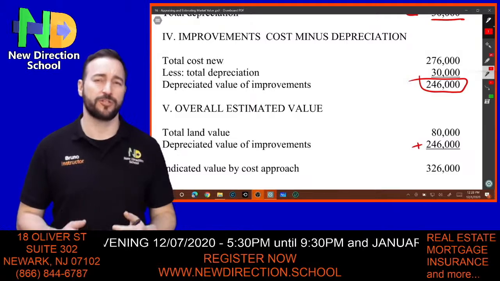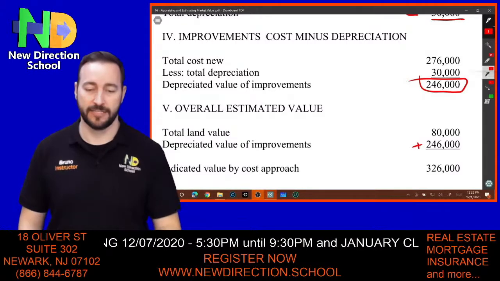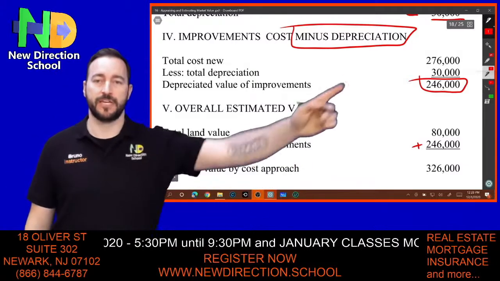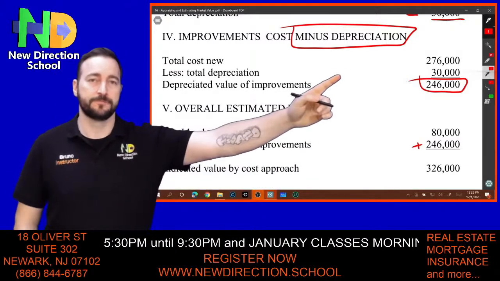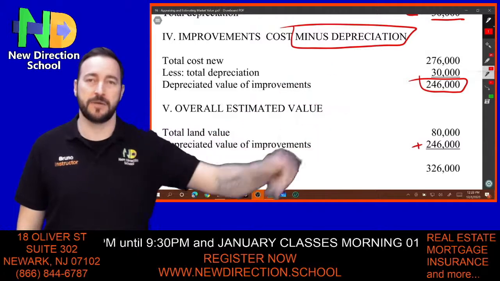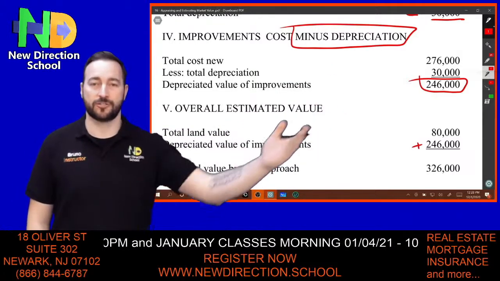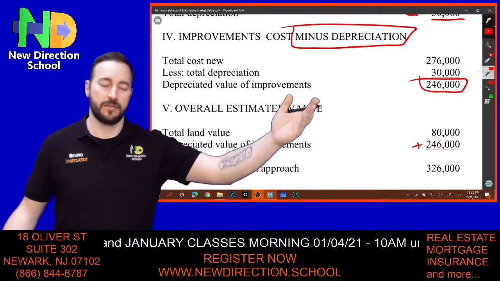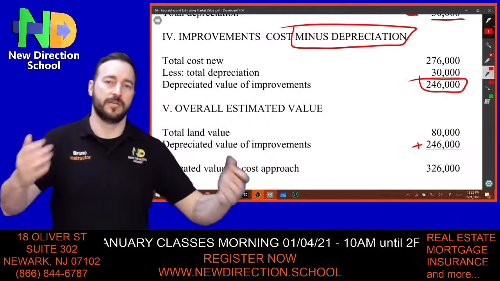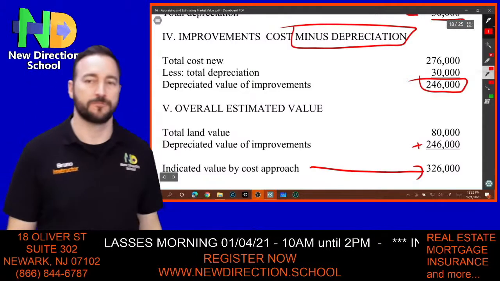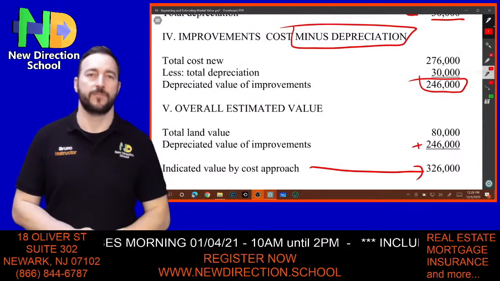So you got to remember, depreciation is minus. Depreciation is always something that's a loss, something minus. So if they gave you the value of the building new, and they give you depreciation, you have to minus it. That's what you need to remember. So now that you got the actual value of the property, add the land, boom. That's the indicative value based on the cost approach. Got it?